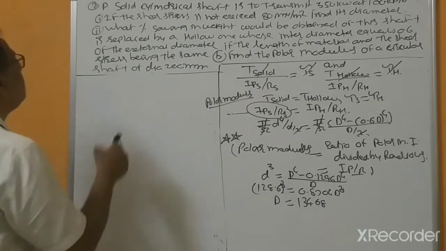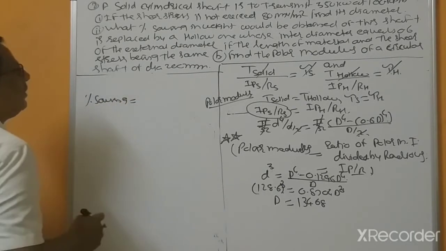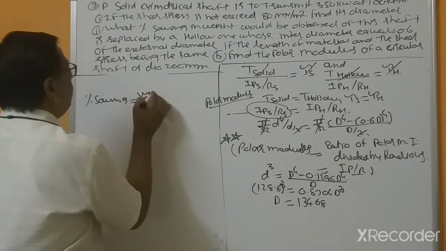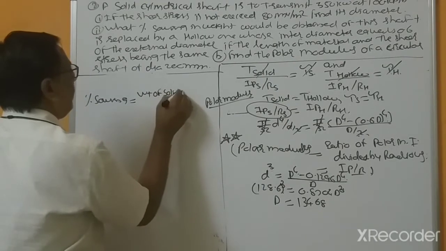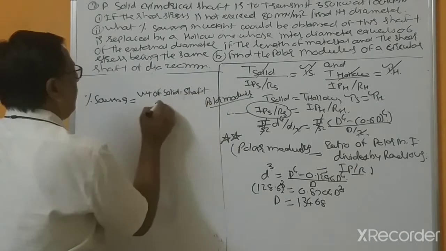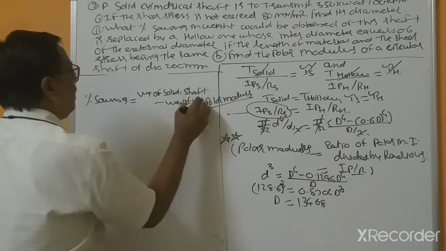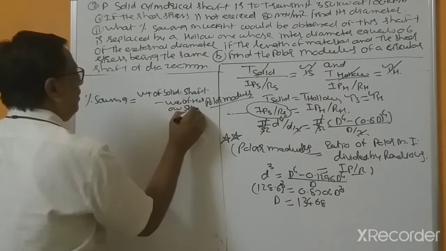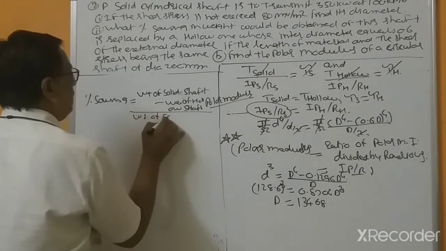Percentage of the saving means weight of solid shaft minus weight of hollow shaft divided by weight of solid shaft.